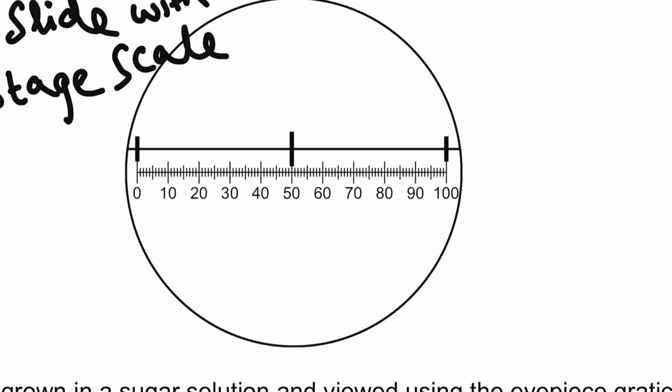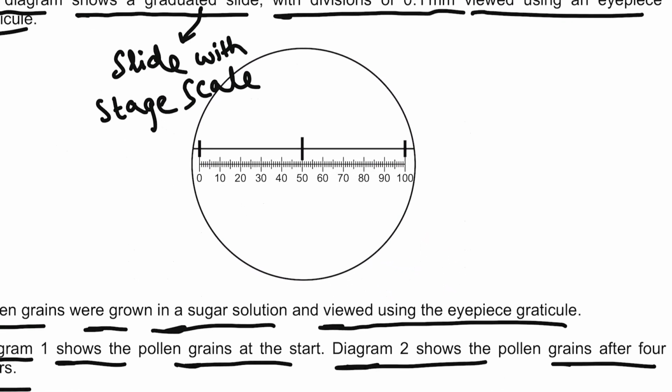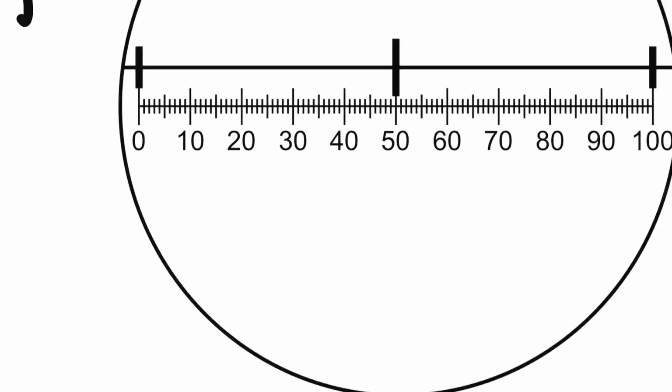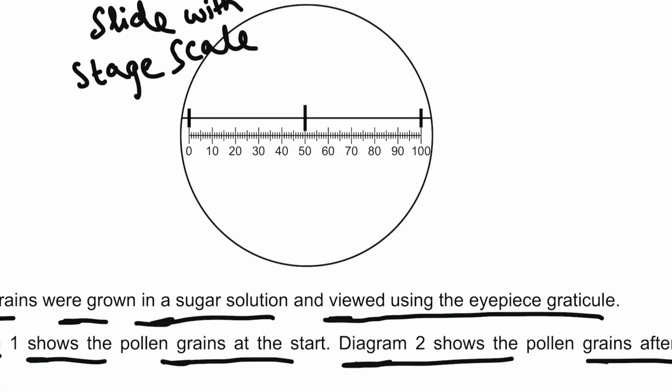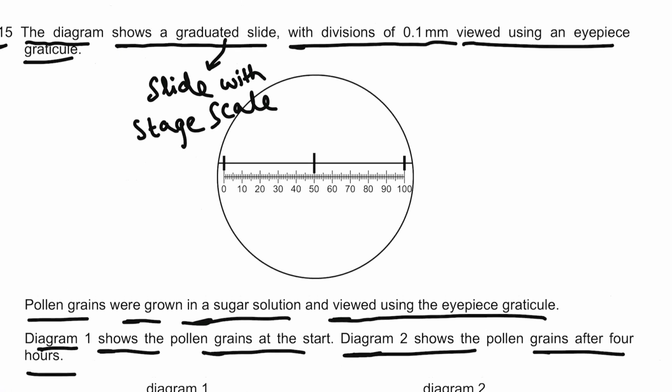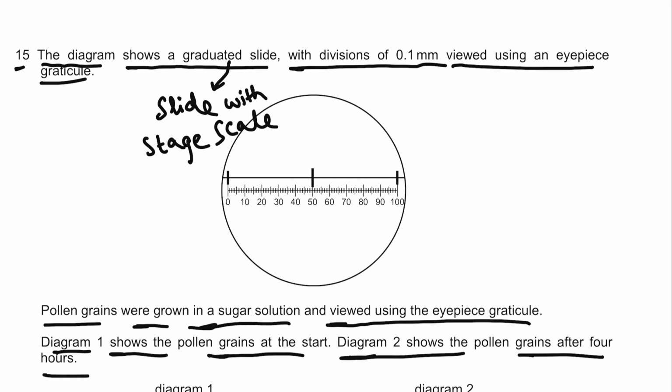Guys, from the above diagram where calibration is given, we can calculate the change in length of pollen grains in micrometers. From the above information, we can see that this scale, which is the stage scale, has one division of 0.1 millimeter, that is equal to 100 micrometers.